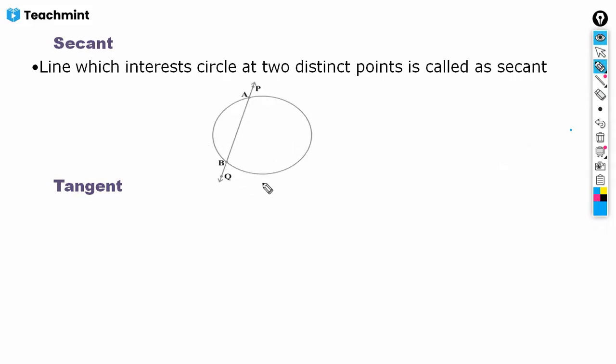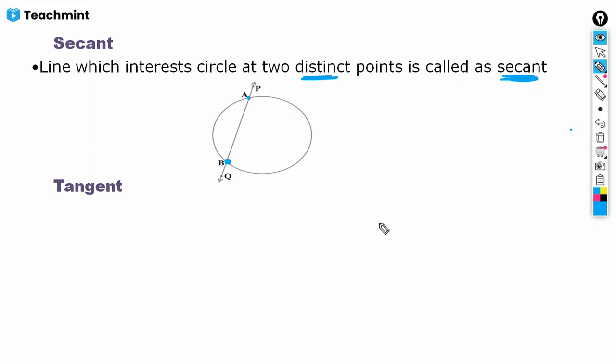There is a circle, right? It was case number 2. This line PQ intersected the circle at two different points, one at A and another at B. For this kind of line, we give the name secant.